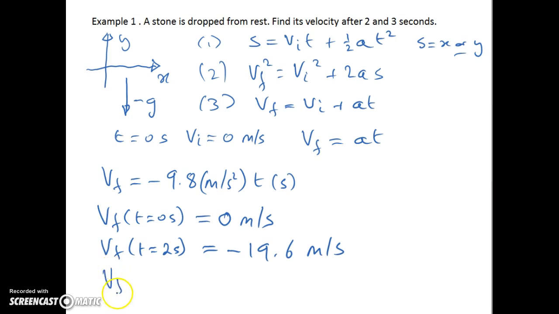And lastly, we were asked for the velocity at time of 3 seconds. Substituting 3 into this equation, we should have something very close to 30, and indeed we will find minus 29.4 meters per second.